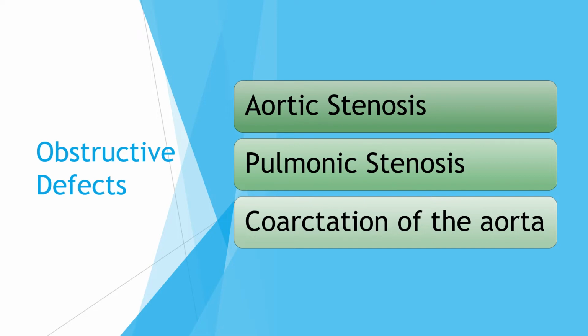The degree of stenosis or the degree of the coarctation of the aorta determines the symptoms these infants will have. Aortic stenosis, if it's severely stenosed, does not have a very good prognosis.